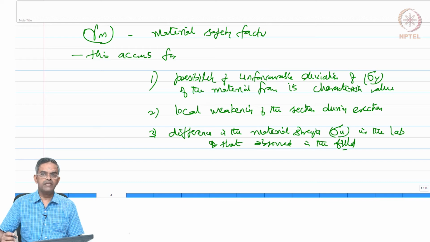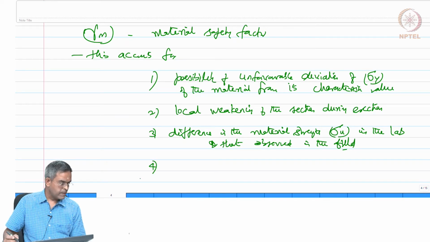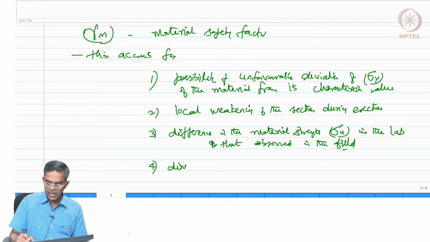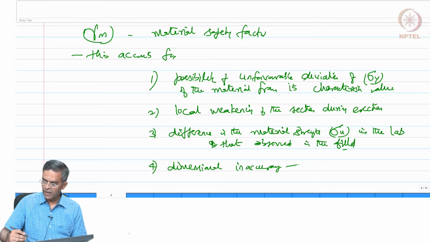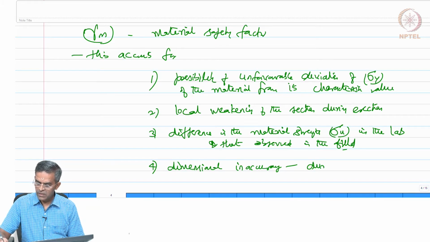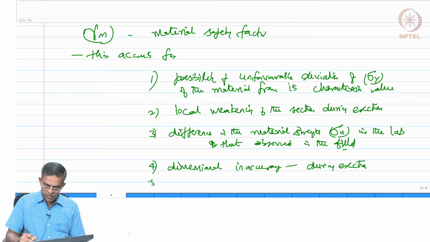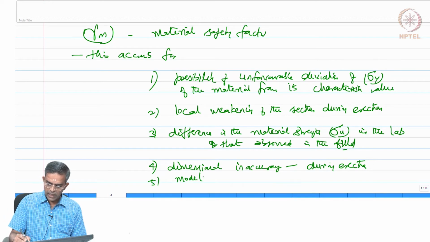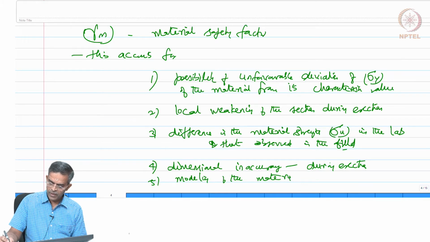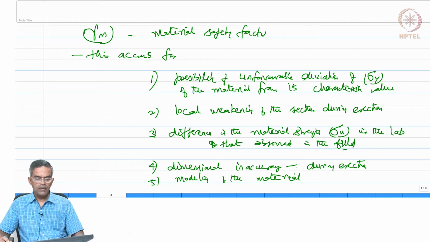So there can be a variation and that difference is accounted in gamma m. Further, there can be dimensional inaccuracy which can arise during erection. There can also be error in mathematical modeling of the material. Okay.